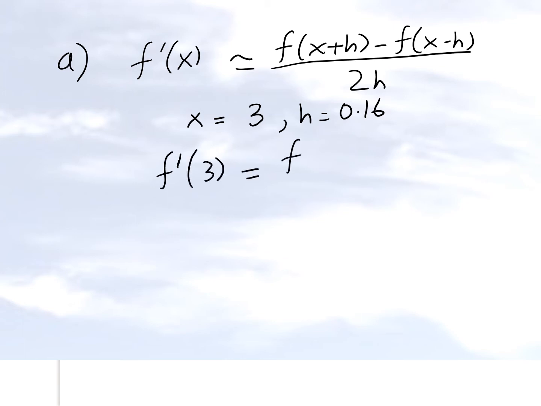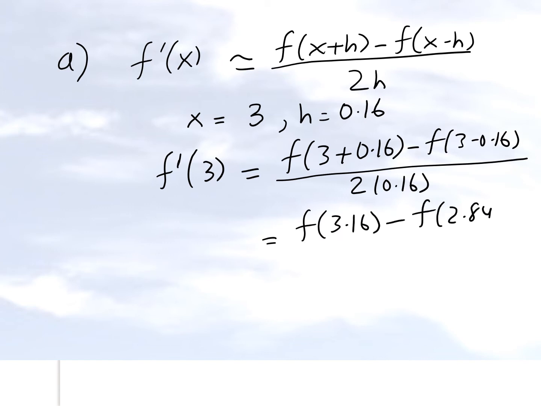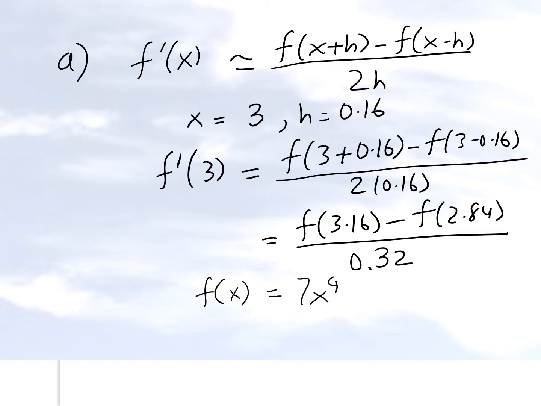It will be the value of the function calculated at the following two points, which gives us the value of the function at 3.16 minus the value of the function at 2.84, divided by 0.32. And since we already know that the function is 7x to the power 4, what do we get for f prime of 3?